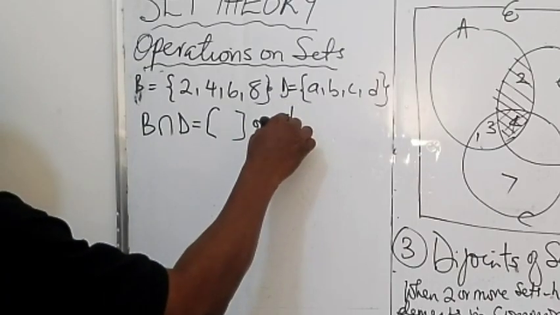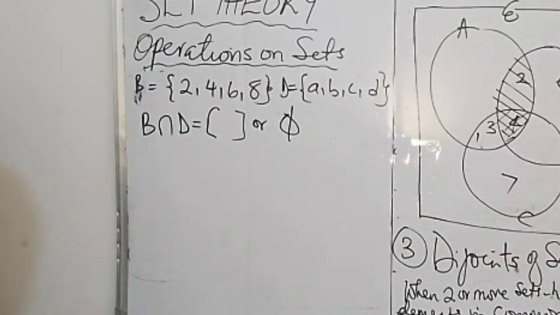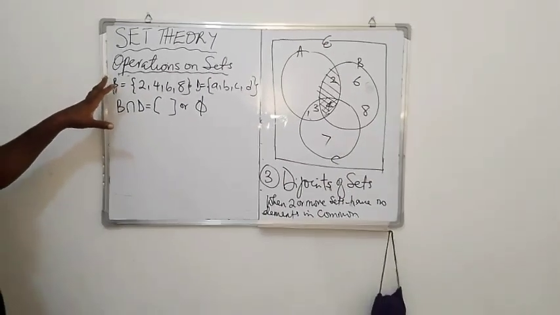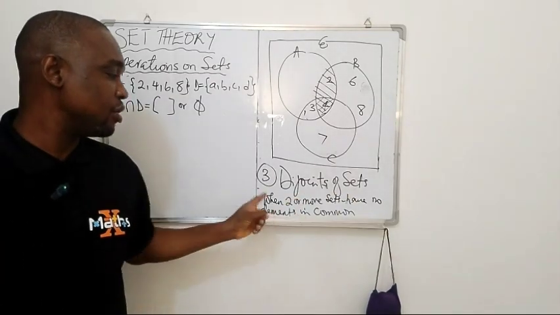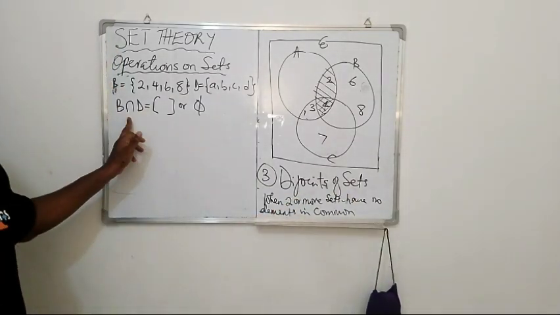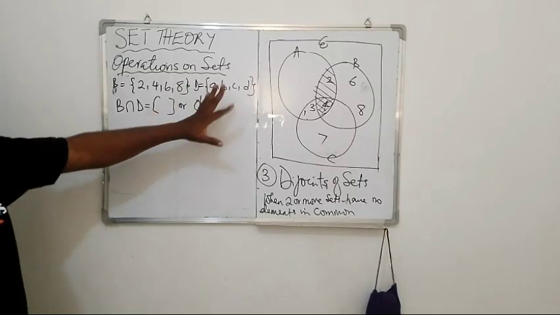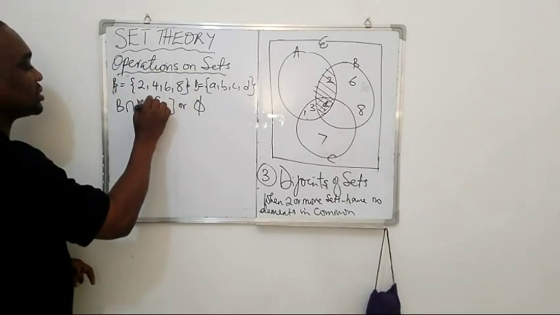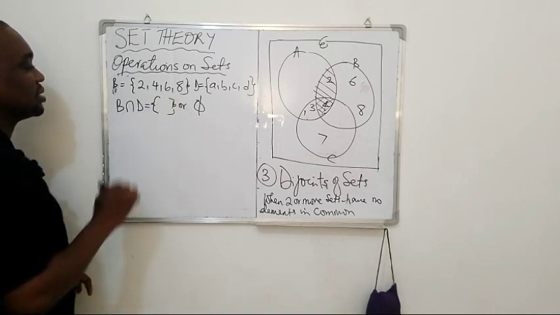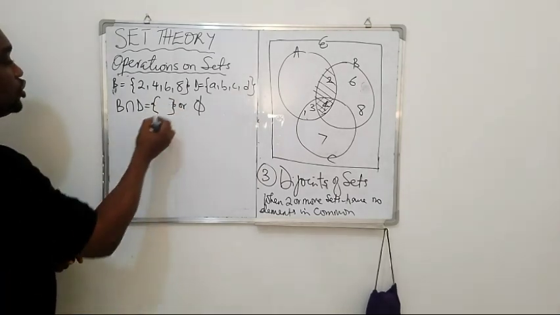This is when two or more sets have no elements in common. So it's an intersection, but nothing is common to these two sets. So we have an empty set. So that is our disjoint.